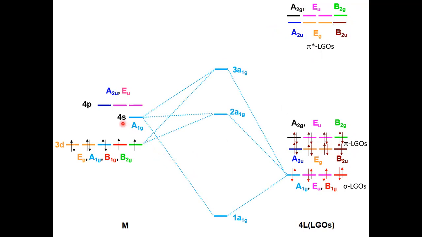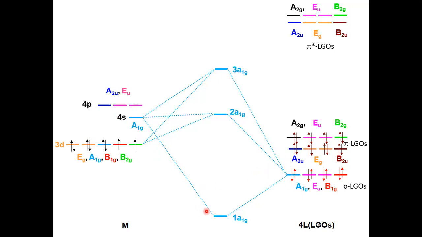You see that there's the 4s orbital, which has that symmetry type. There's this 3d orbital, which has that symmetry type. And in addition, we have that sigma LGO, which has that symmetry type. This is actually something we already considered when we constructed the molecular orbital diagram considering the sigma bonding only.